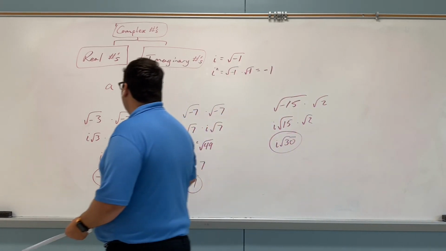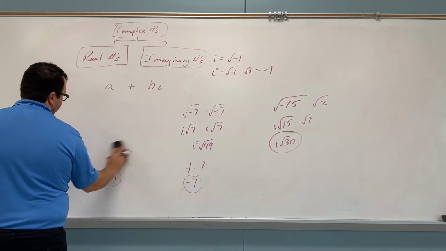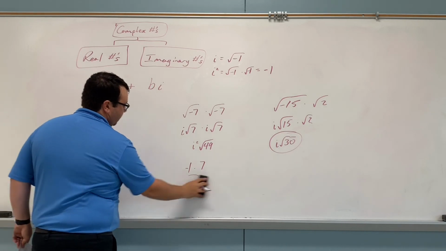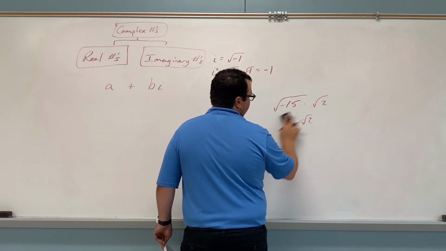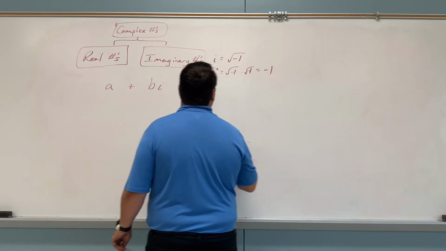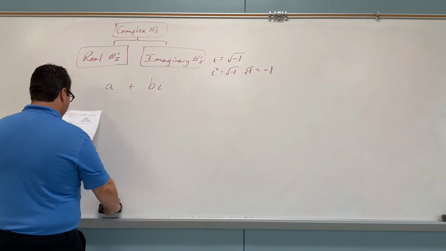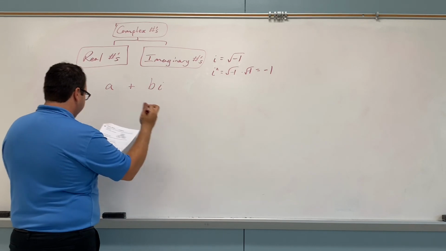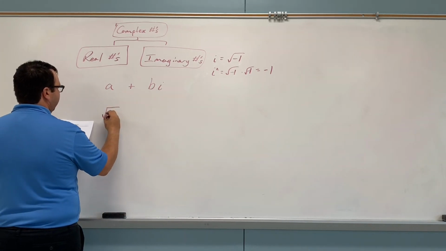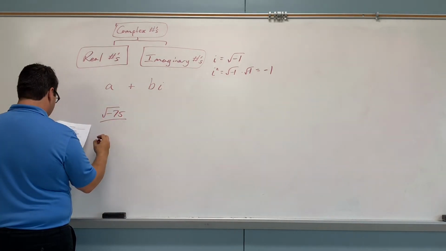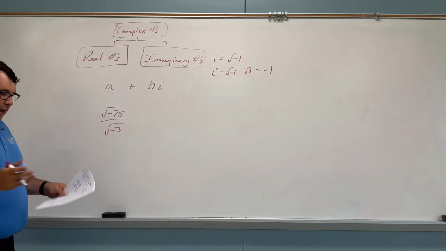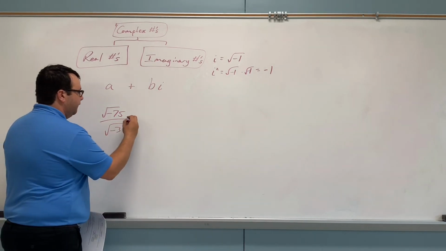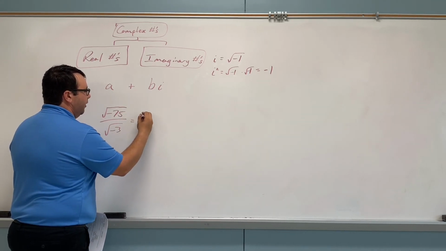Now, let's talk about dividing some imaginary numbers. And I'm going to get some board space here. All right. Dividing imaginary numbers, if I have the square root of negative 75 divided by the square root of negative 3. Again, I have to simplify to my i form first, so pull out your imaginary values.